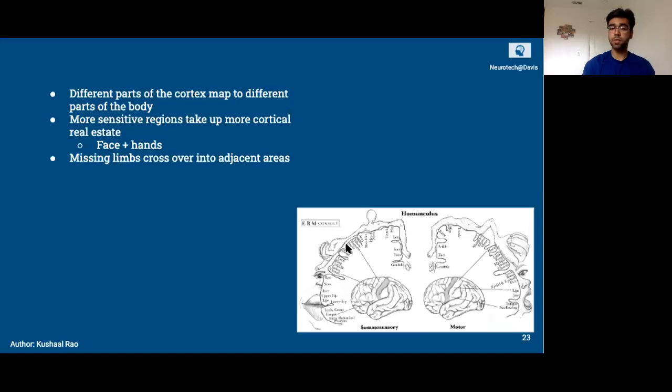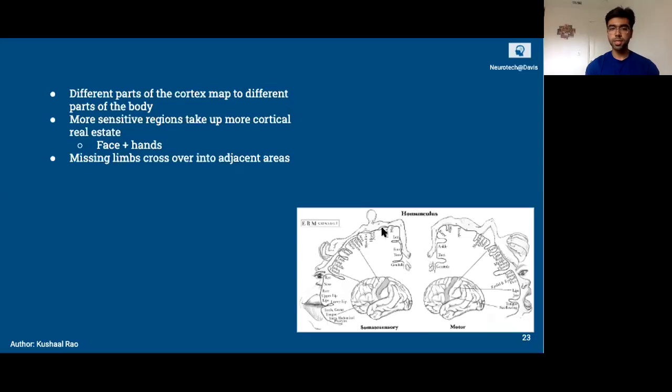That makes sense because we're the most sensitive in those regions. Our face and our hands are the most sensitive parts in being able to sense any sort of movement or touch reception on our limbs and our extremities. And so the sensitivity of a region corresponds to a bigger area on the cortex.